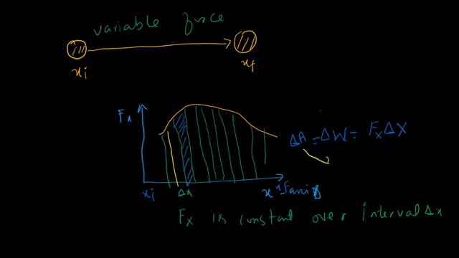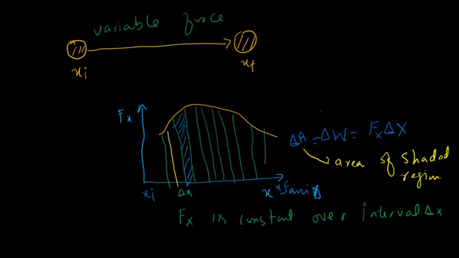Delta A is the area of the shaded region under the curve. So this is the area of the shaded region. The x component of force, we consider approximately constant over the small interval.